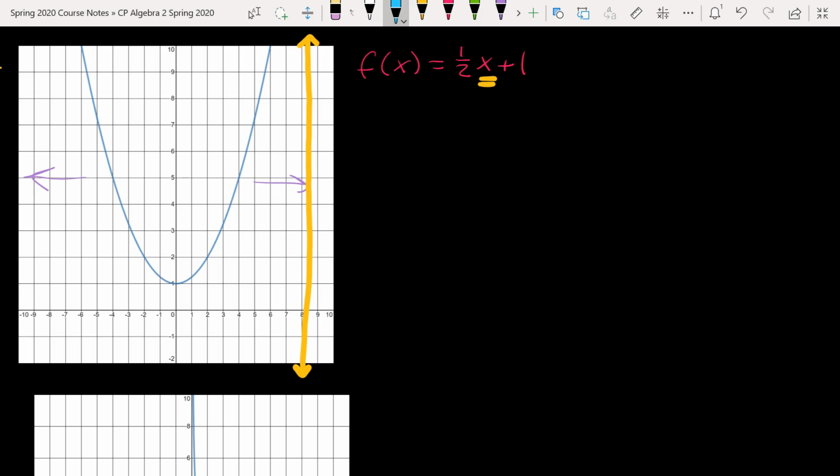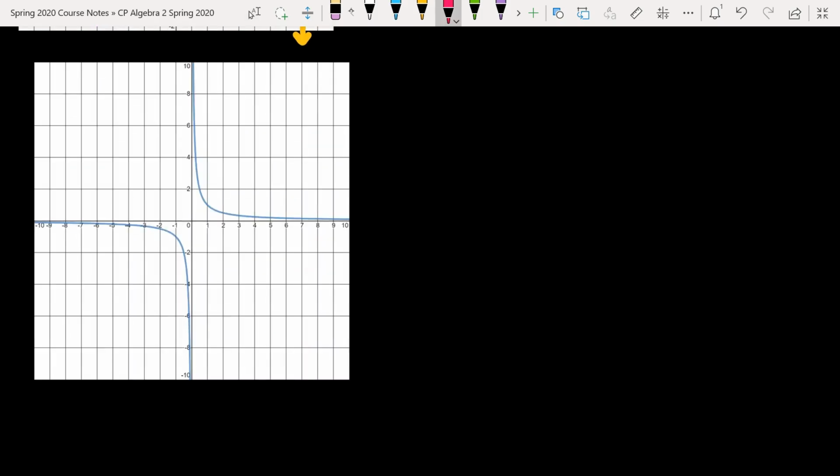And of course, we know that's not true, because the domain of a quadratic function is all real numbers. So there is no x value that I can put in to this equation that's going to lead to an undefined y value, or it's going to lead the equation to do something strange. But you'll see that there are a lot of cases where we do have just this case.